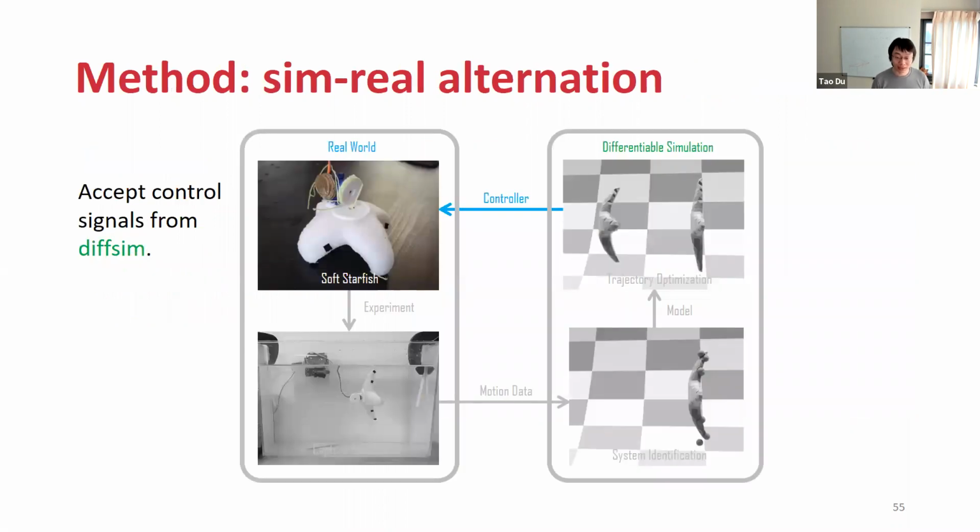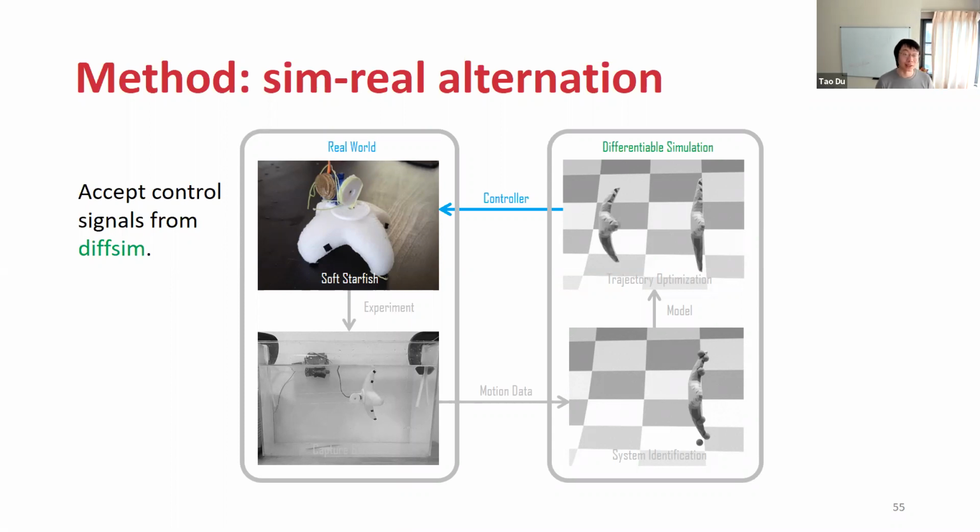More specifically, this diagram shows one particular iteration of the whole algorithm. At the core of this algorithm is the sim-real alternation scheme. We start from the real world experiment, and we obtain a control signal from our computer. Initially, this was initialized with a random or an educated guess of the control signal.